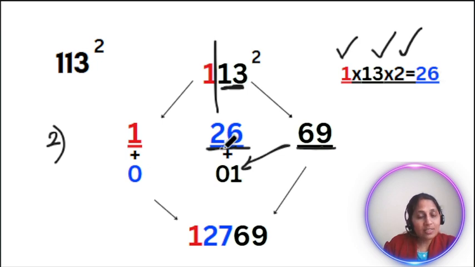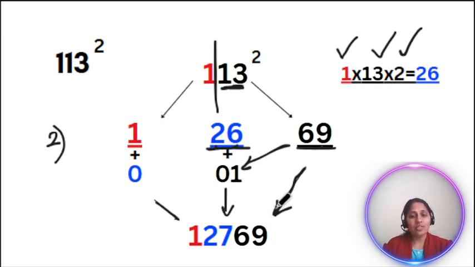So write the 26, there is no carry forward here, so write 0. So the answer is 69 as such, 26 plus 1 is 27 and 1 plus 0 is 1. So the answer is 12,769. The squares of 2 digits as well as 3 digits are all the same. The only difference is you have to bring 2 digits in your second step.